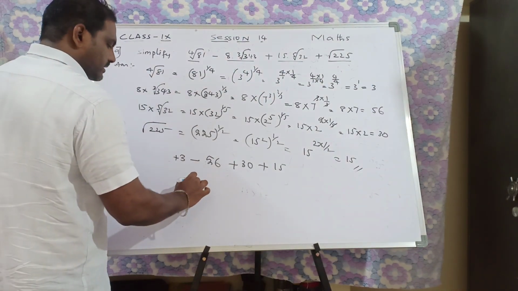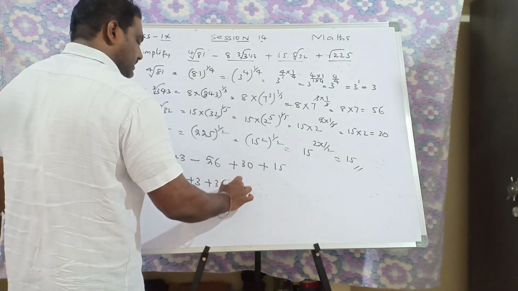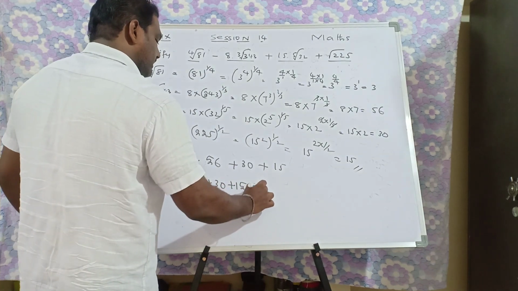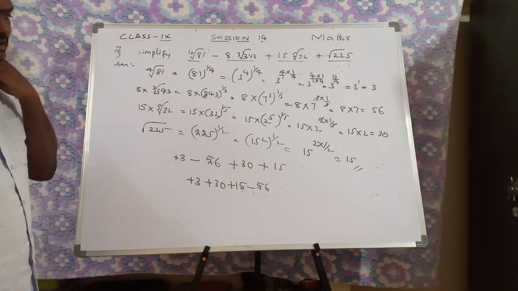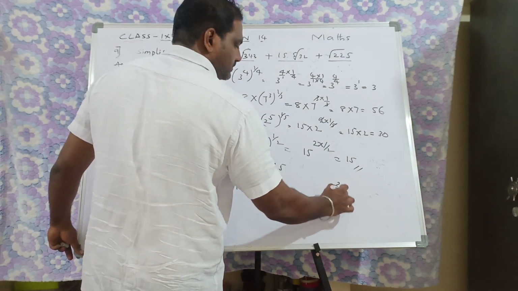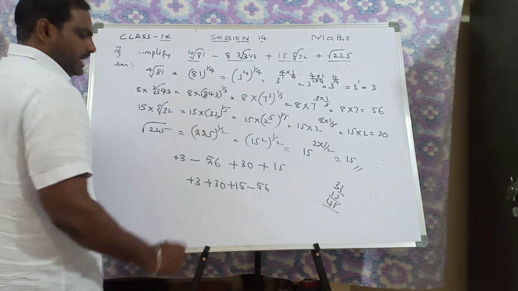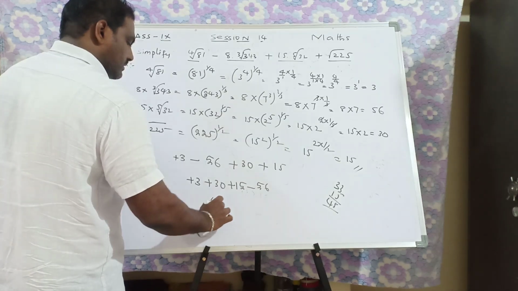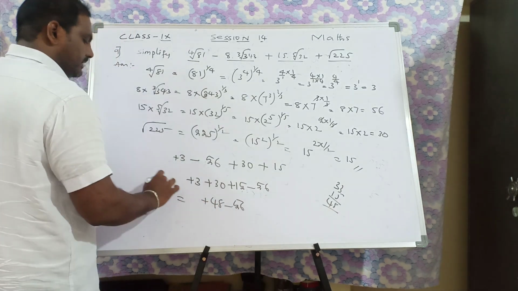I am rearranging it: plus 3 plus 30 plus 15 minus 56. So 3 plus 30 is 33, 33 plus 15 is 48. So plus 48 minus 56.